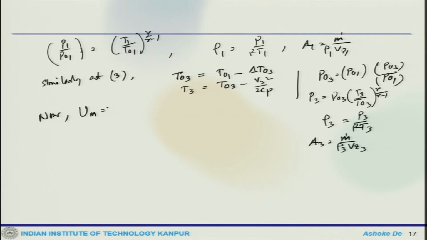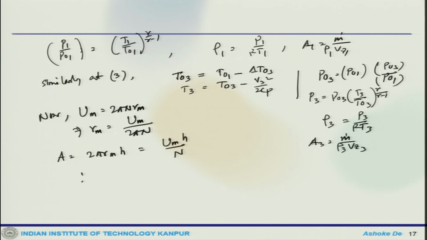Now, U is 2 pi N Rm. So, we get Rm equals U by 2 pi N. So, that is the mean radius that we can get. So, area would be 2 pi Rm h, which is h by N, and h equals A by that.